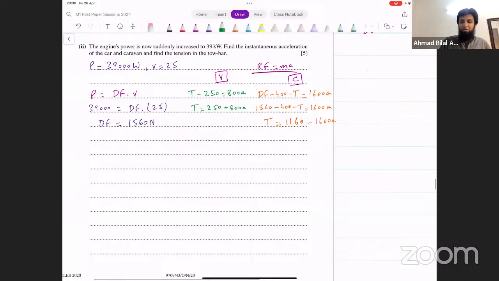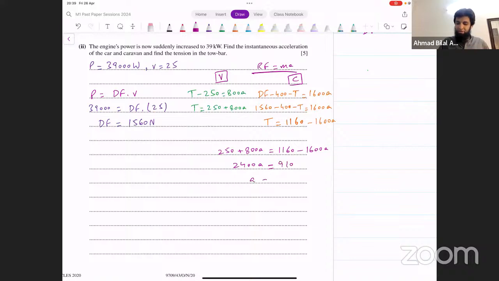Now let's solve them simultaneously and see what that gives us. 250 plus 800A equals 1,160 minus 1,600 times A, so 2,400 times acceleration equals 1,160 minus 250, and that's giving me 910.